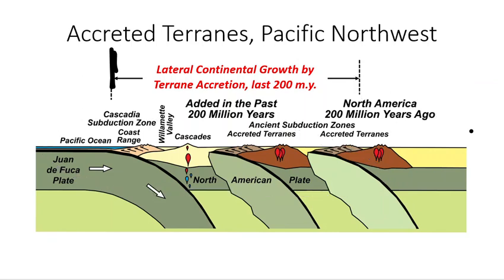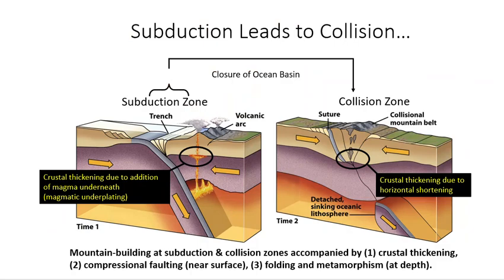And again, that process of continental growth is known as accretion. This is where terranes get accreted onto the edges of continents via subduction, and also it turns out as a result of transform motion as well in some cases.